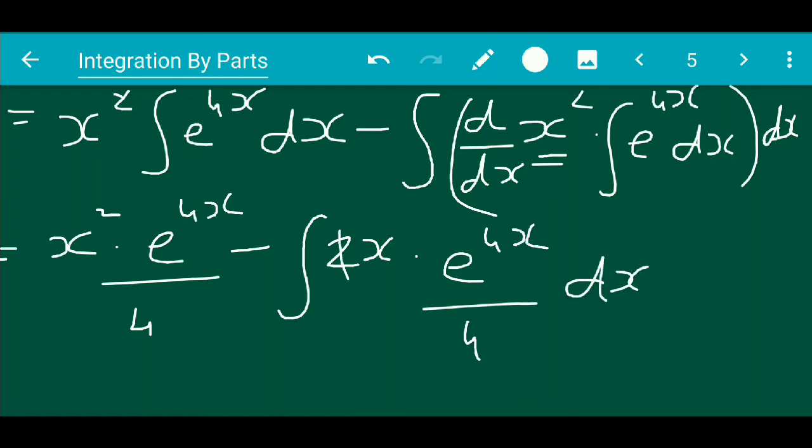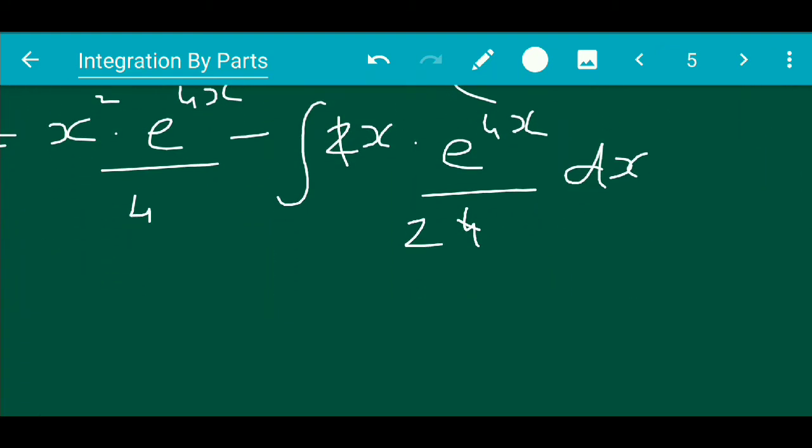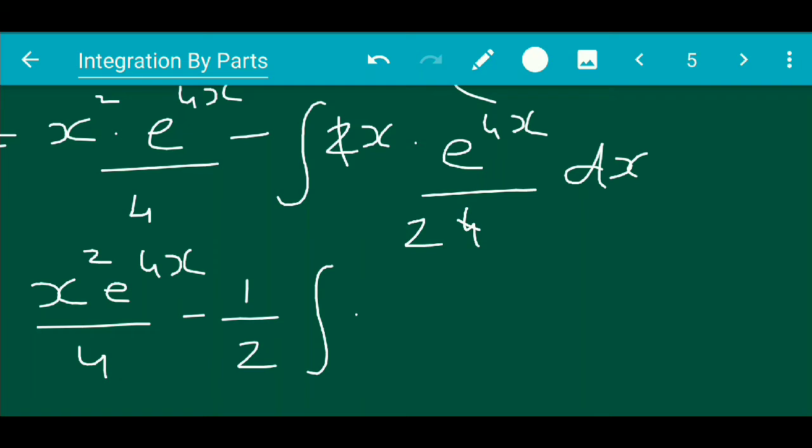We cancel out this 2 and 4 and thus we can take 1 upon 2 outside the integral sign. So we get x square e raised to 4x upon 4 minus 1 upon 2 the integral of x into e raised to 4x dx.